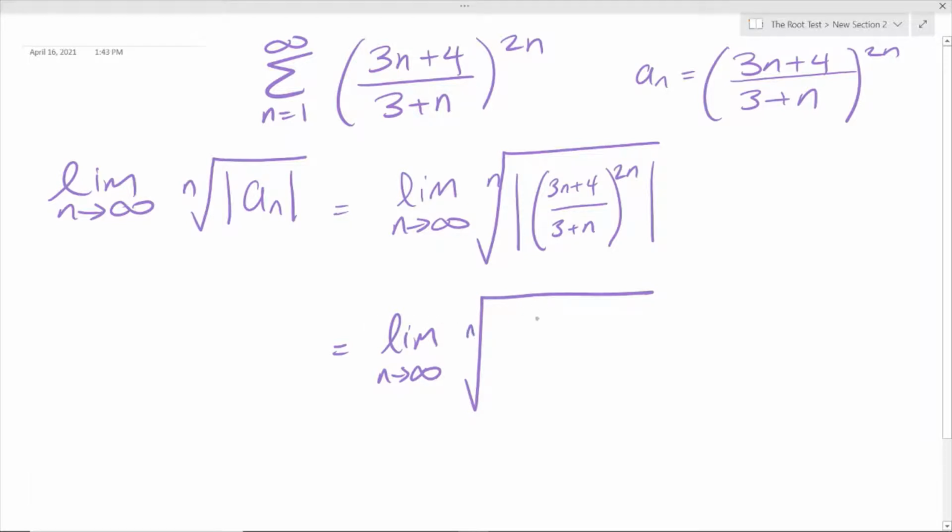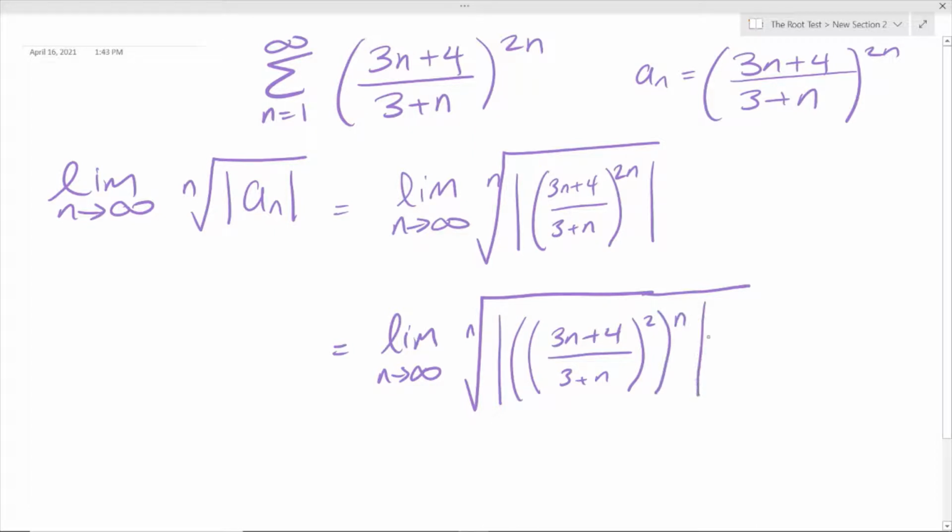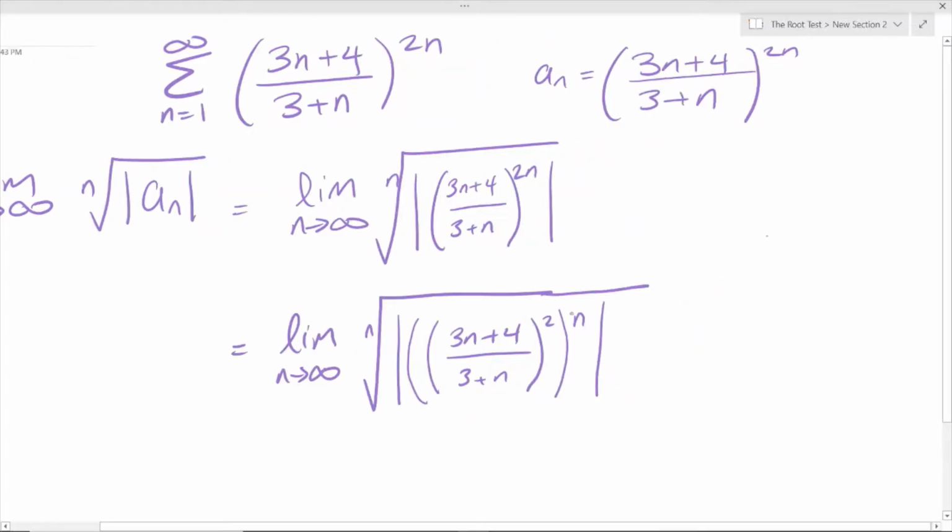We can copy everything in here, squared, and basically rewrite this whole thing with a bracket here and the n here and then the absolute value sign. We know that we can multiply these two exponents together to get 2n. It's using exponent laws.